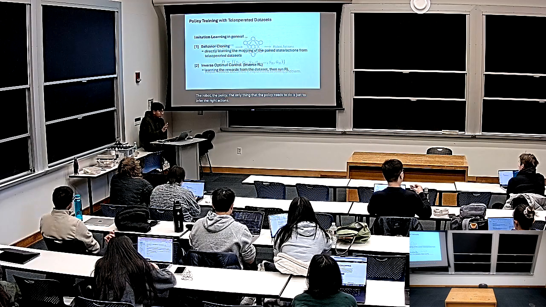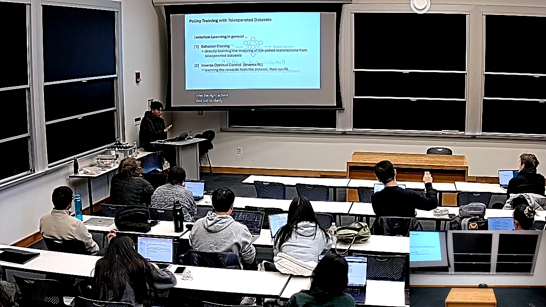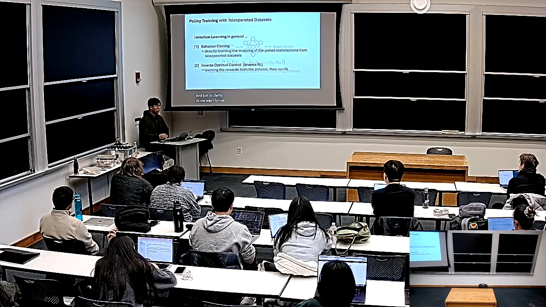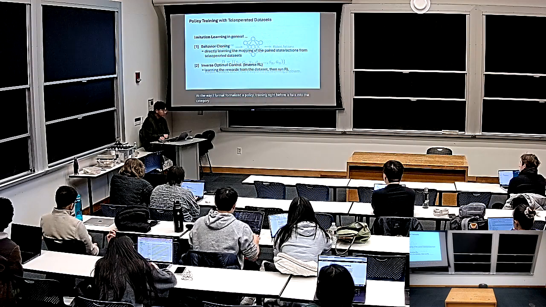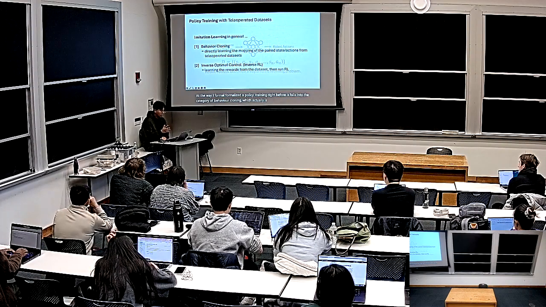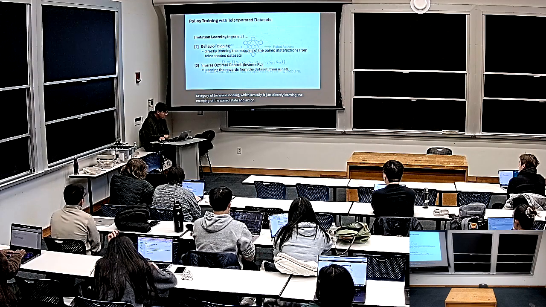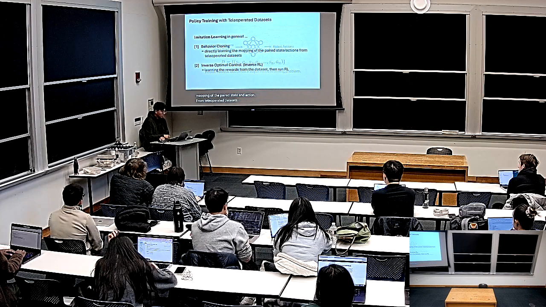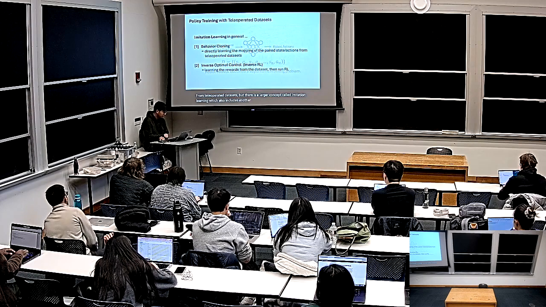Just to clarify, the way I formalized policy training right before falls into the category of behavior cloning, which is just directly learning the mapping of the paired state and action from teleoperated datasets. But there's a larger concept called imitation learning, which also includes another topic called inverse optimal control.